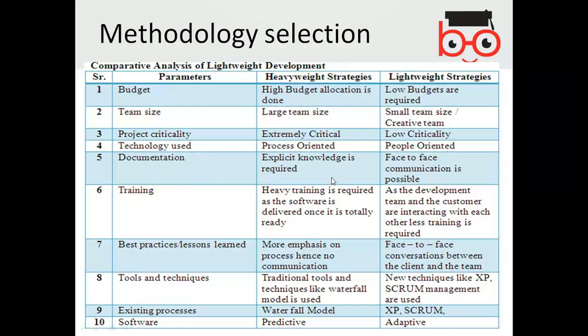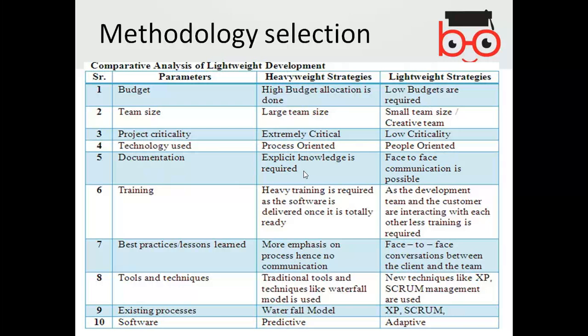Documentation, explicit knowledge is required. However, in the lightweight strategies, people face-to-face communication is possible. So, if it is a heavyweight, then you need to document everything so that every phase could be the input to the next phase of the development, and explicit knowledge is basically the knowledge that you define in advance.